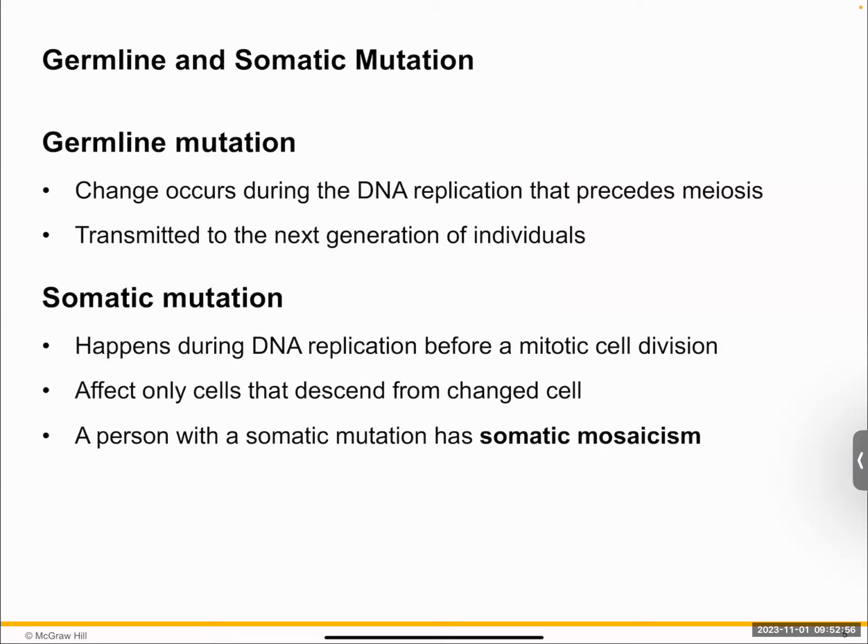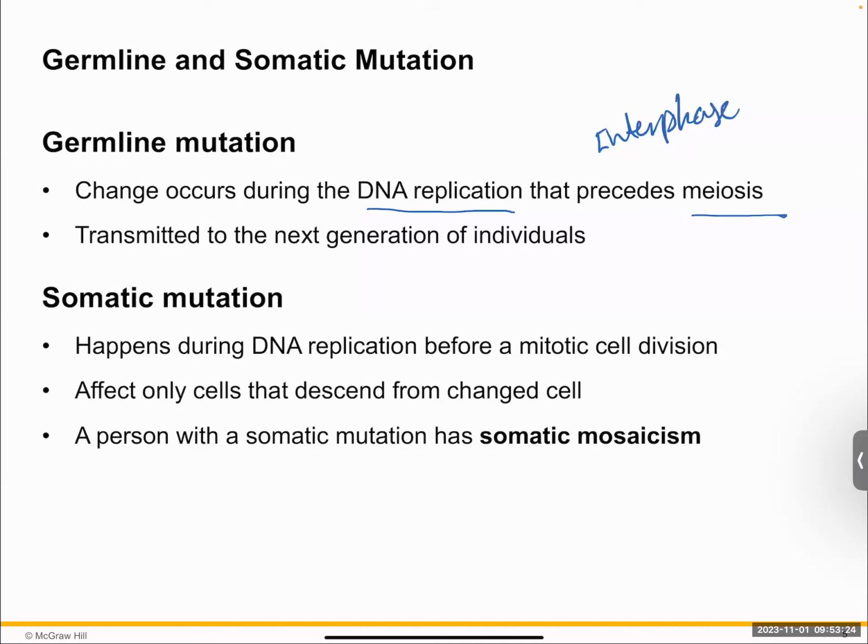Before we go into details about these types of mutation, I want you to understand that mutations can happen at different levels. We can have a mutation that affects the gametes, so the germ line that forms either the oocyte or the sperm is mutated. This change happens at the DNA replication phase of meiosis, which is your interphase, if you remember.